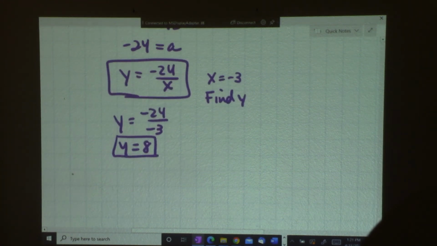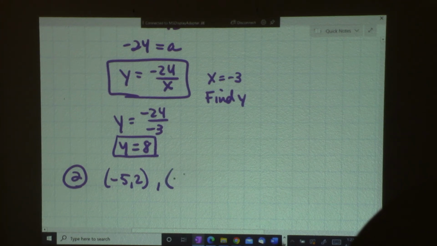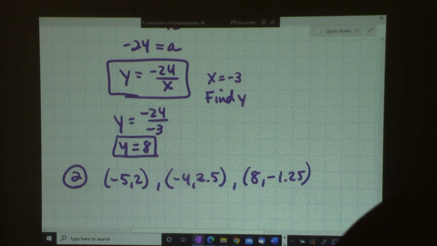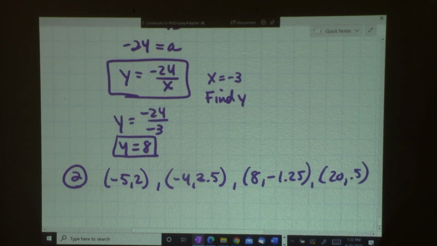Okay, number 2. Tell whether the ordered pairs vary inversely. So here's my ordered pairs. Okay, and if they do, write an equation.